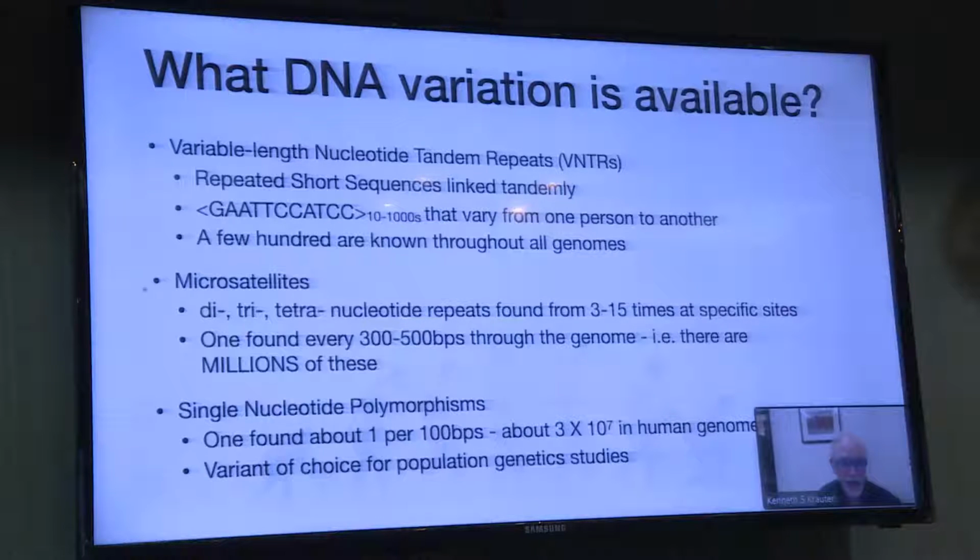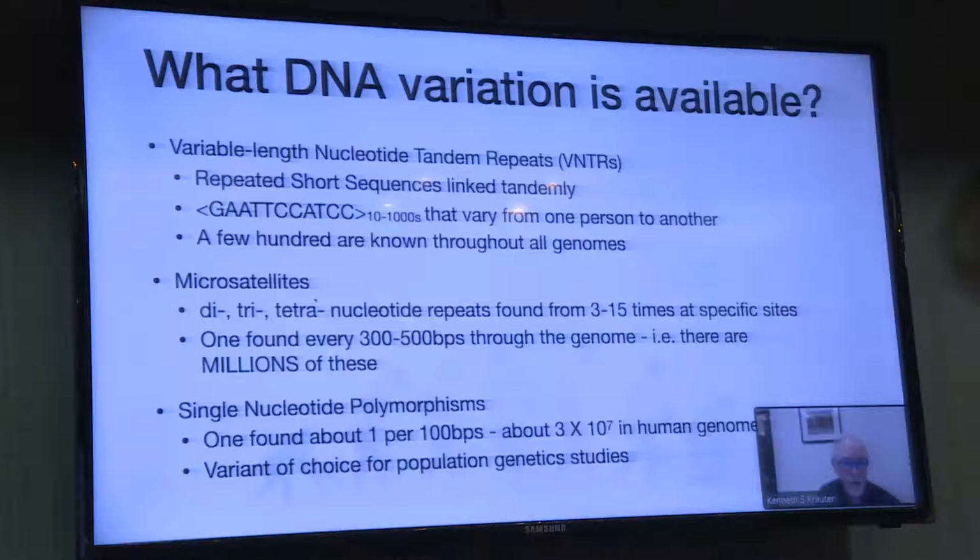More recently, it's been identified that not only are these sequences available, but there are sequences that are shorter relatives of these VNTRs. And by shorter, I mean di, tri, tetra, up to about hexanucleotide length sequences that are found scattered throughout the genome that are repeated on the order of, say, 3 to 20 or so times at specific sites.